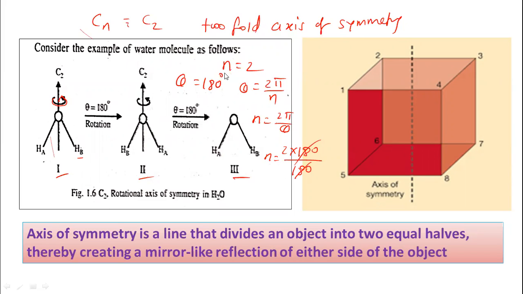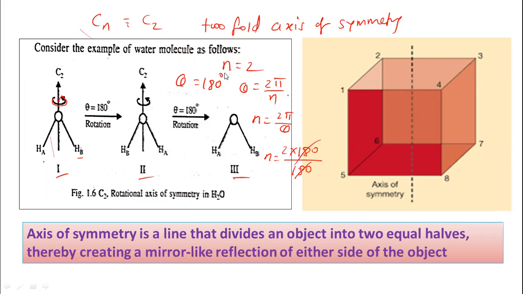An axis of symmetry is a line that divides an object into 2 equal parts, thereby creating a mirror-like reflection of either side of the object. So if we rotate the molecule around that axis, we should get an equivalent orientation.